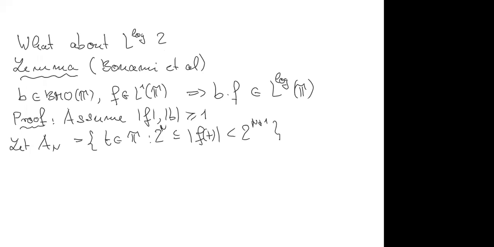And now let's look at this funny integral, which we have for the log norm. So we have e times f of t, and here we have a logarithm of e plus b times f of t.